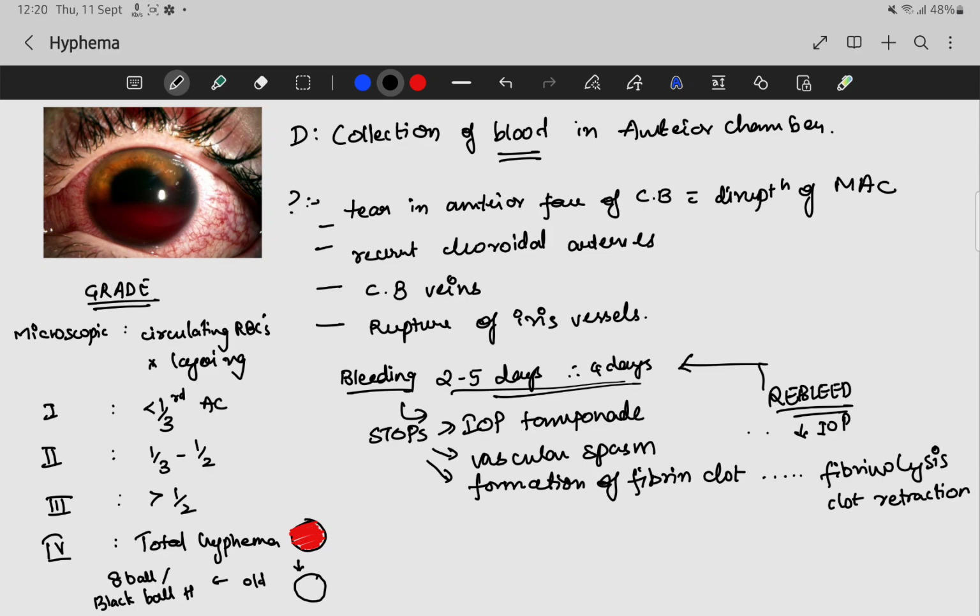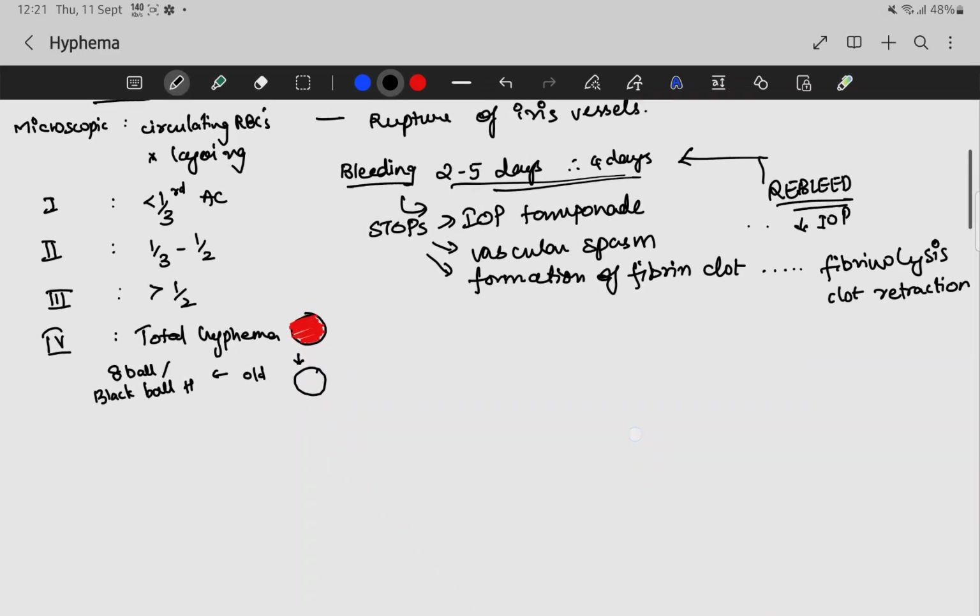Alright, so coming to another thing. So this total HYPHEMAs and this bleeding can block the trabecular meshwork and lead to glaucomas.